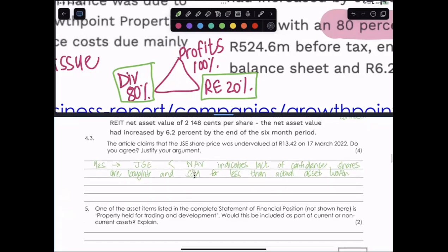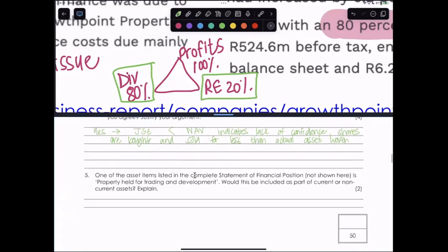On the other hand, you could say no, because maybe the shareholders actually expect that the shares are worth less because they don't think that there are going to be many profits because of the poor economy, because of COVID, etc. One could argue like that, but the reality is they are actually undervalued because they're worth less than the net asset value on the statement of financial position. Make sure that you elaborate to get 4 marks here. You need to use full sentences and discuss in detail.